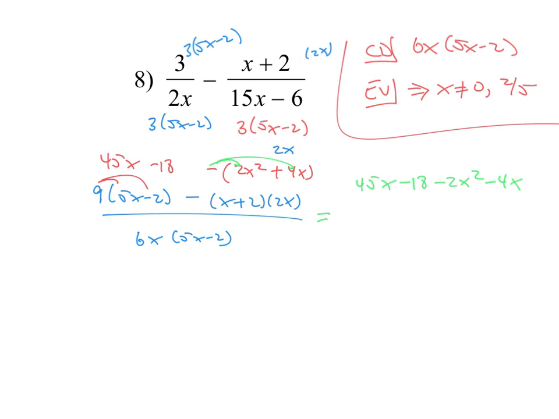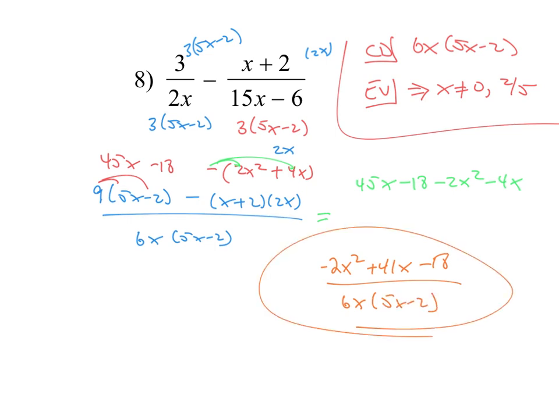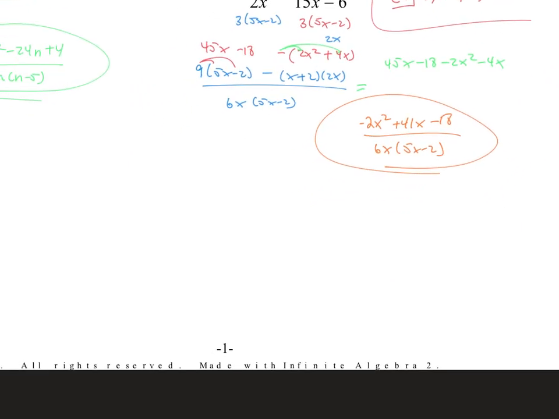So my answer here, when I combine like terms, is minus 2x squared plus 45 minus 4 is a plus 41x, and then a minus 18. And you're good to go. So take your time with those, make sure you're multiplying out correctly, and you're set. That does not factor anyway.